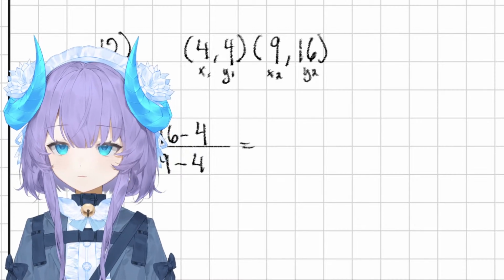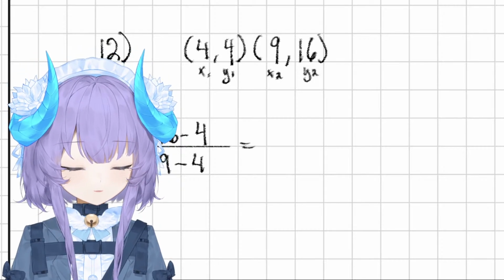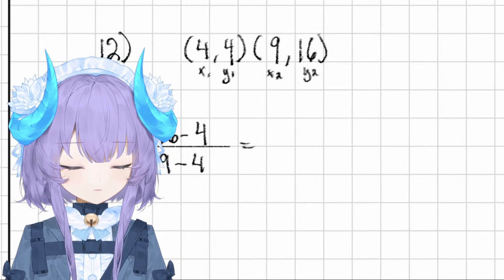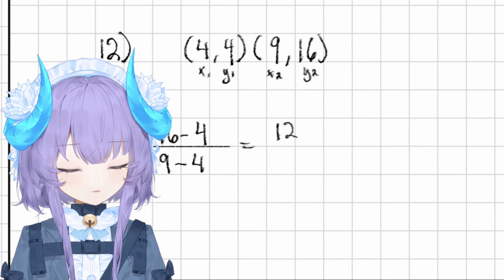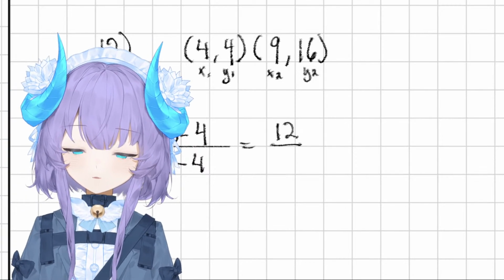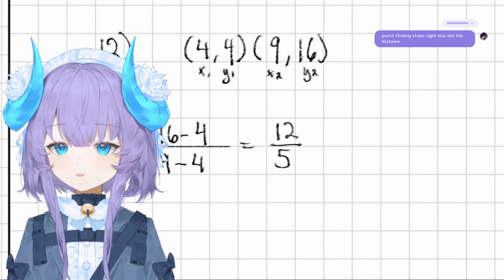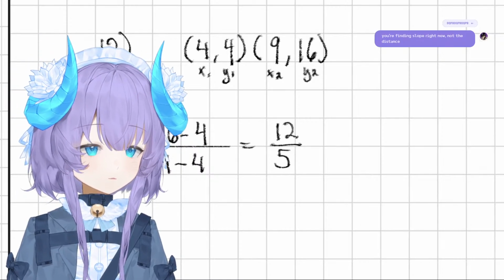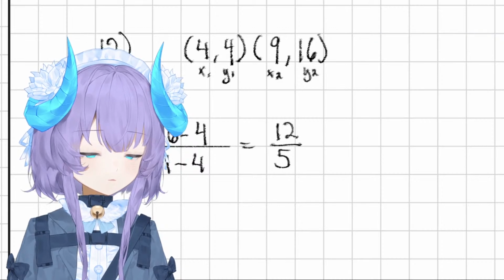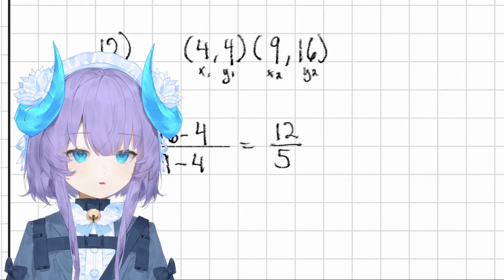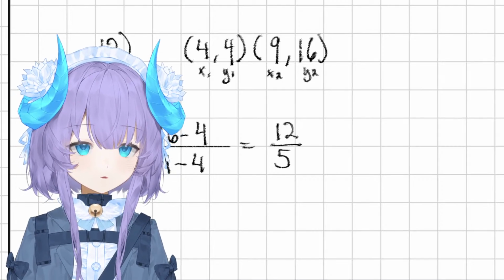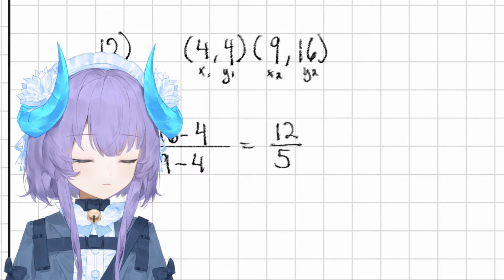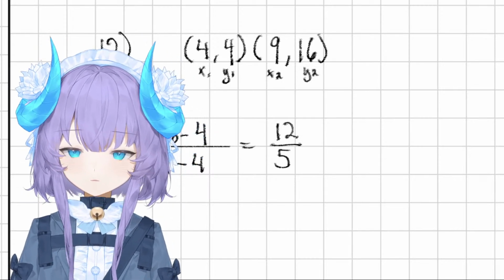Equals 12 over 5. 12/5? Is that right? I'm finding the slope, not the distance. What is this? This is crazy looking.